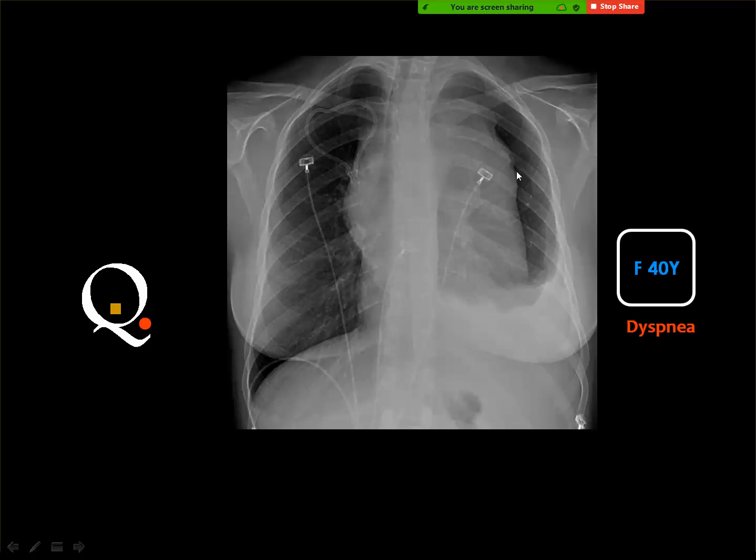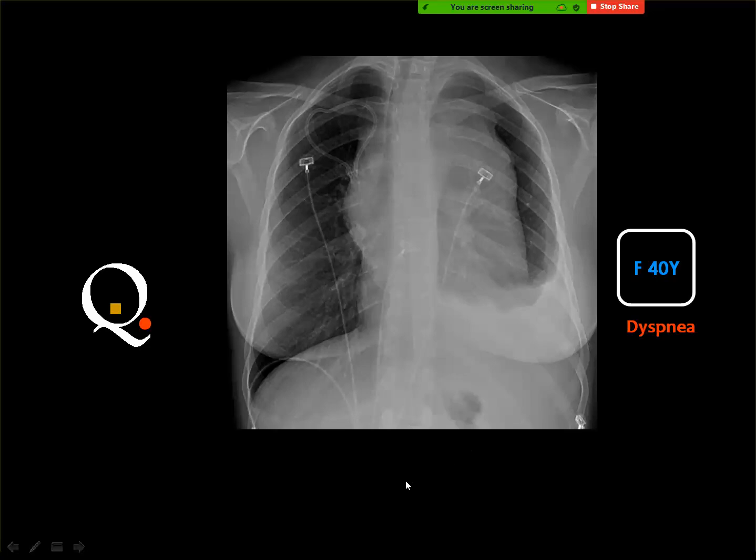Then lymphoma is a very good possibility because there is a big mass on either side of the mediastinum. If this is an aortic aneurysm, it will be located on the left side and centered on the region of the aorta.